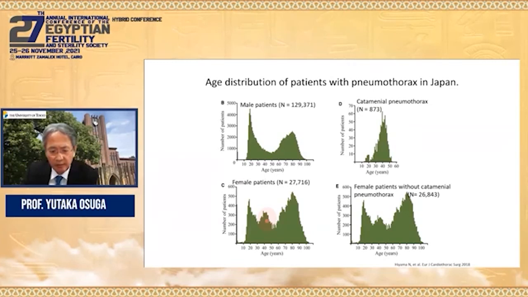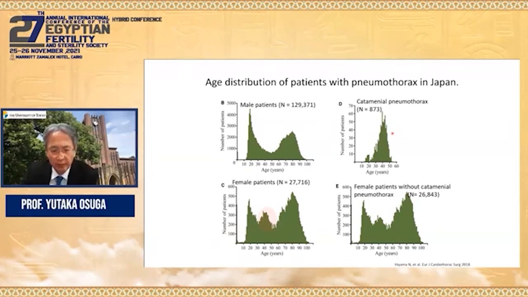We next examined the age distribution of patients with a diagnosis of catamenial pneumothorax. These patients had the diagnosis of catamenial pneumothorax in their record. The peak is around 40, which is consistent with the 3rd peak in the female.